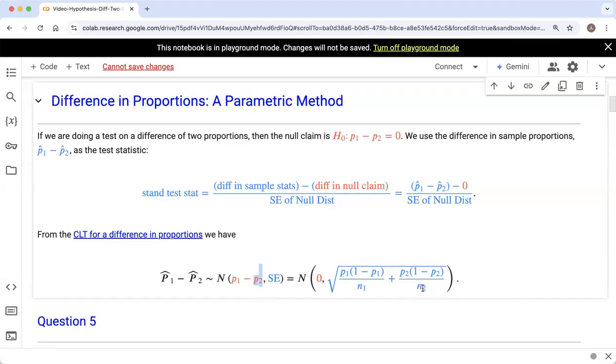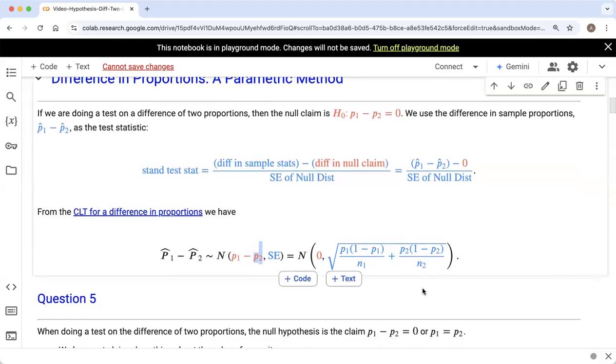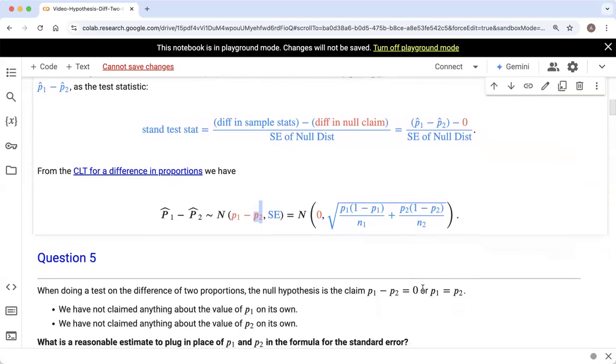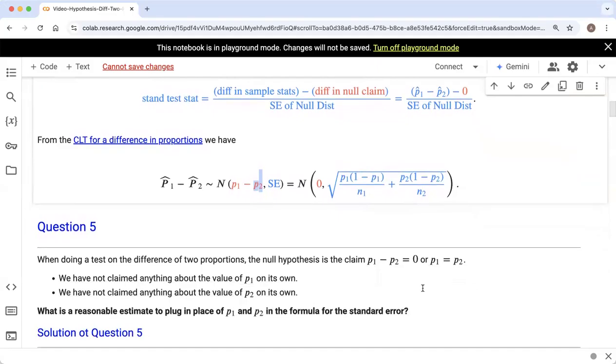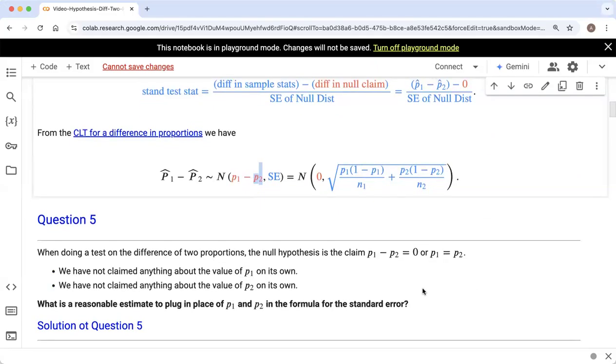So we can use this description for the distribution of sample proportions as a way of looking at how significant our observed difference in sample proportions is. But we have a little bit of an issue here. We want to describe the null distribution, which is set up under the assumption that the null hypothesis is true.